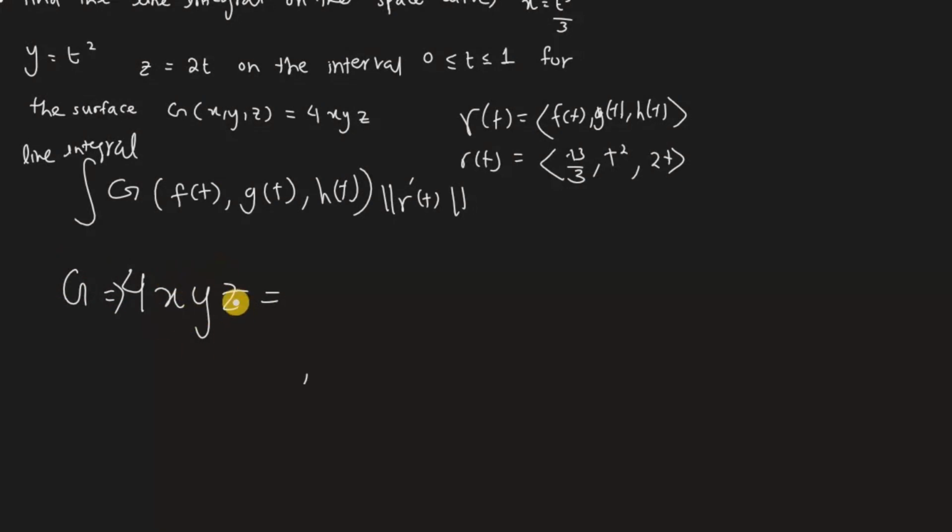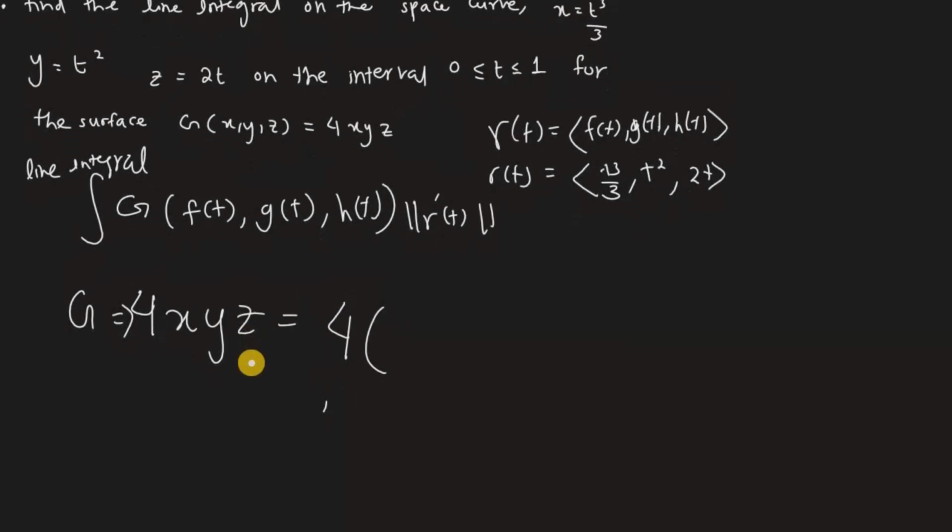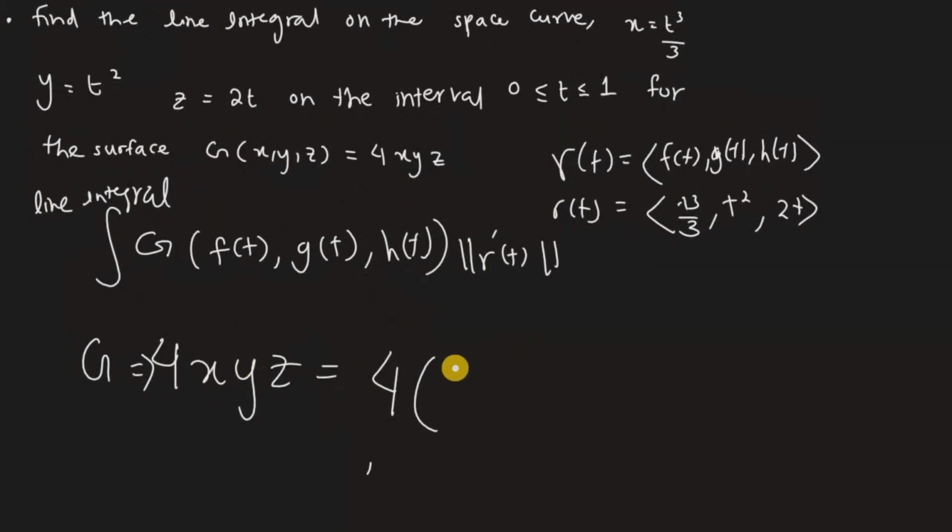First of all, we're going to take 4xyz, the g, and we're simply going to multiply x, y, and z. So 4 times, what is the x equation? The x equation is t cubed over 3, and then times y, which is t squared, and then times z, which is 2t.